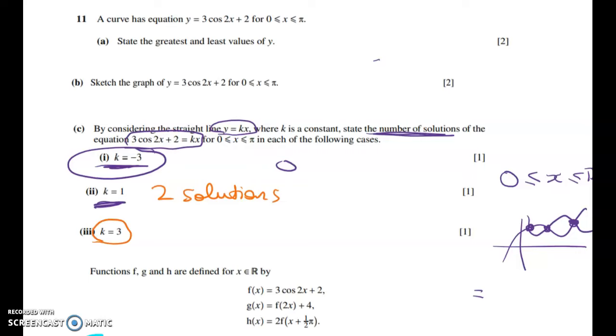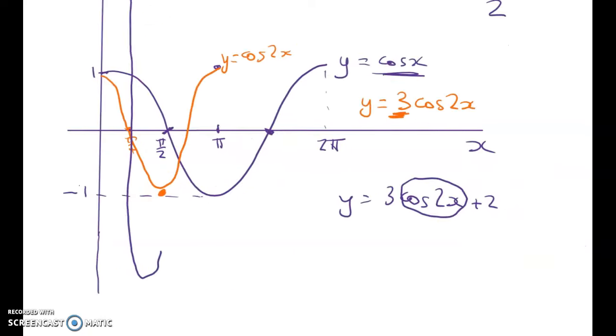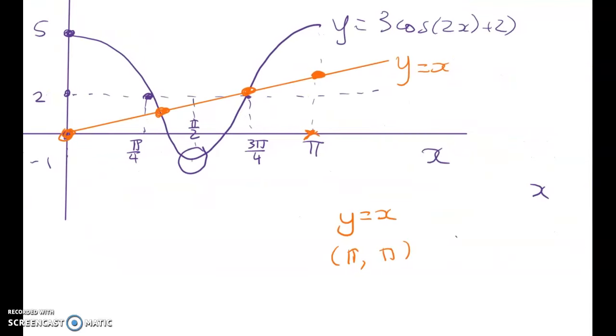And then for the next one, k is equal to 3, we're going to do the same thing. If y is equal to 3x, then if we put in x is equal to 1, then y will equal 3. So we can find x is equal to 1, and it will be somewhere around here, and the y value is going to be here.